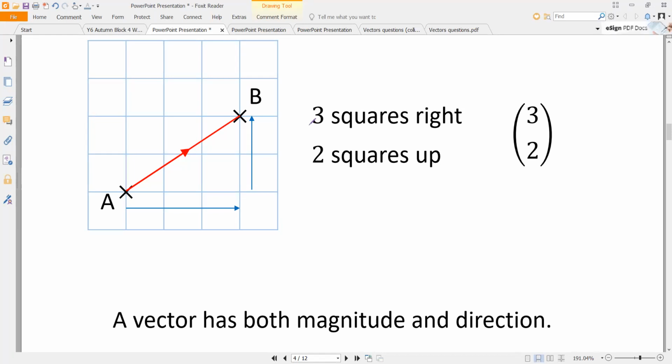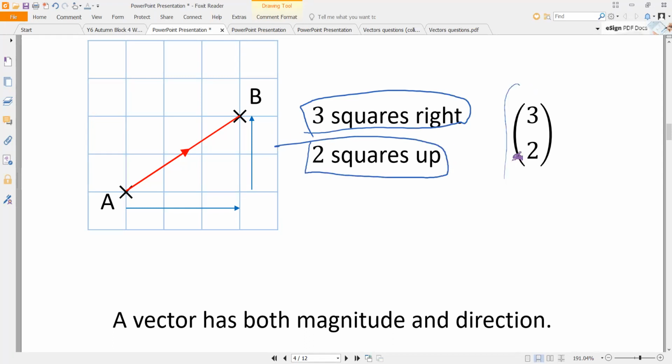Now look at this vector. From A to B, you have 3 squares to the right. And how many squares up? Just 2. You can represent a vector as a column vector. This is what we call the column vector. So let's say I draw this.